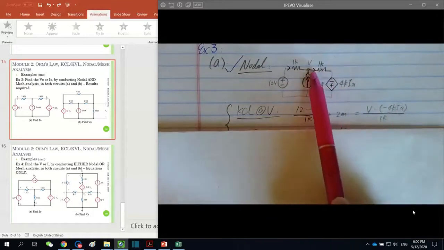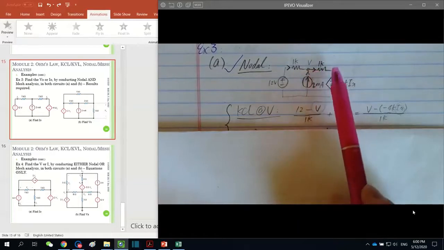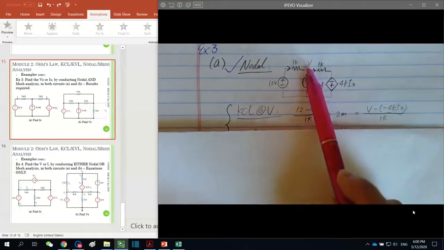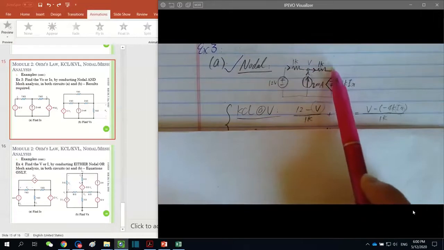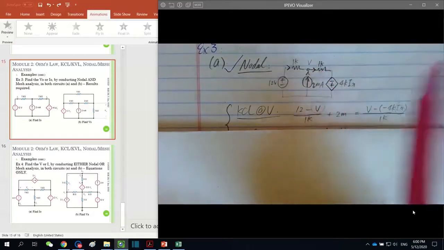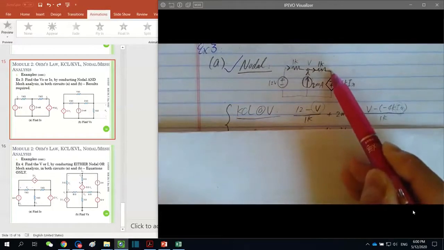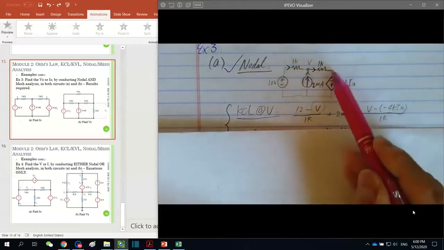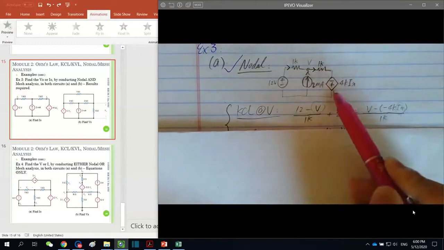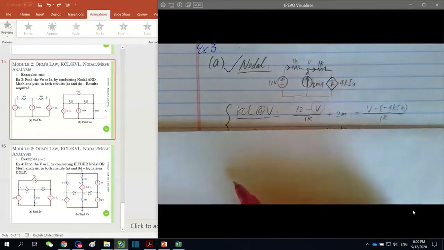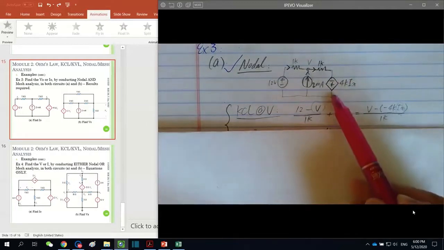Then what is the current through this 1 kilo ohm towards right? Obviously, we're going to use V minus the voltage here divided by 1 kilo ohm. However, what is the voltage at this node? Similar to here, the voltage here is provided by this dependent voltage source. Of course, you need to first of all correctly identify that this is a current-dependent voltage source.